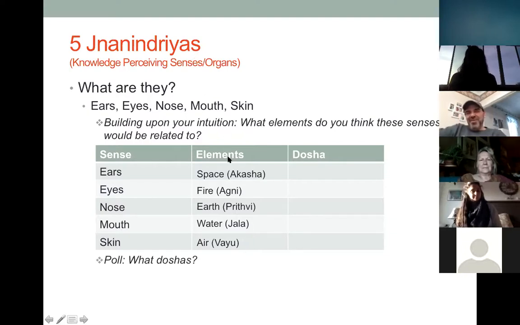And we're going on to the next one. We're only having 2 polls, but they're right at the beginning. So this one is now to jog your memory. You know now what sense organs are connected to what elements. Do you remember what doshas are connected to those same elements? So we'll put that one up, and then I won't make you do another poll tonight.